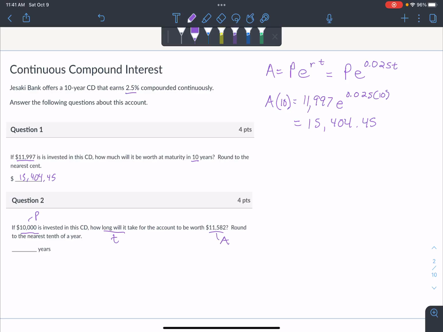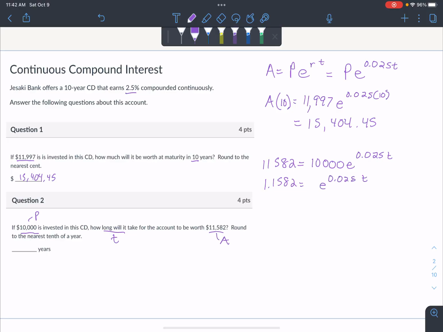So we can form the relationship: 11,582 is equal to our P, which is 10,000, times E, our exponential factor of growth, and our rate is the same from the prompt, and then we're solving for T. So if we try to isolate T, we can divide out that 10,000 first.